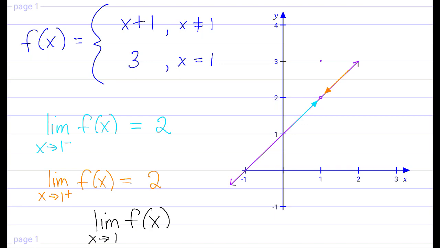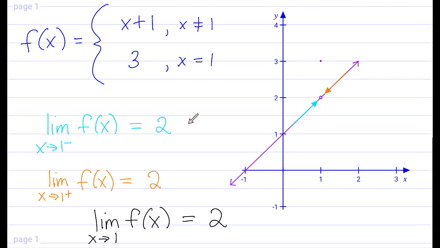In math, this limit exists if and only if both these one-sided limits exist and they're equal. If they're equal, then we simply say that this two-sided limit, or just the regular old limit, is equal to whatever that value is, in this case, 2.